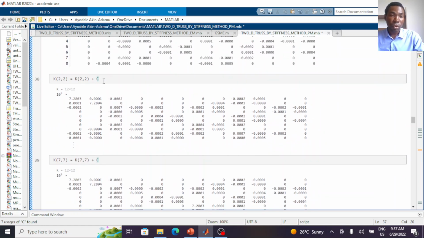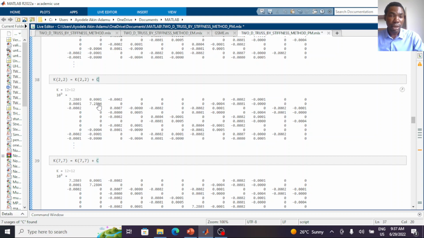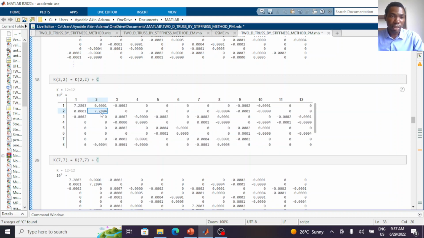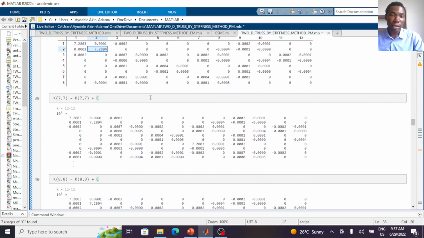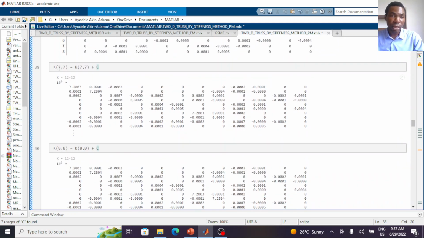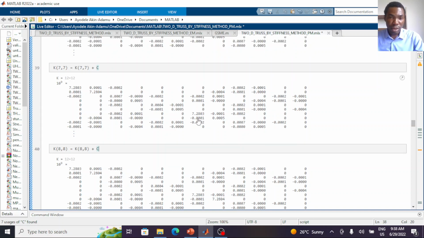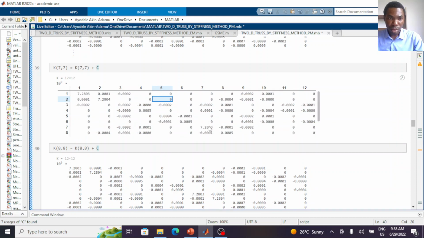We also have a support degree of freedom at 2, so at 2,2 we need to also add C. So C is added at this position for degree of freedom 2. We have degrees of freedom 7 and 8 as well, so that's why it is 7,7. When you run this code, C is added at this position.